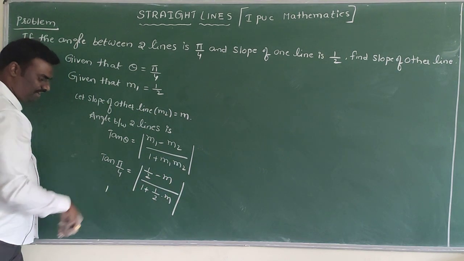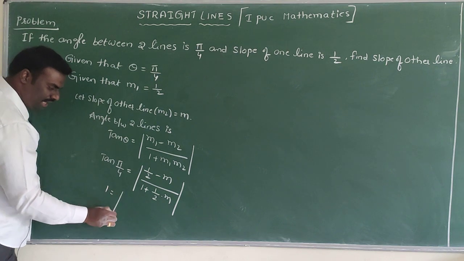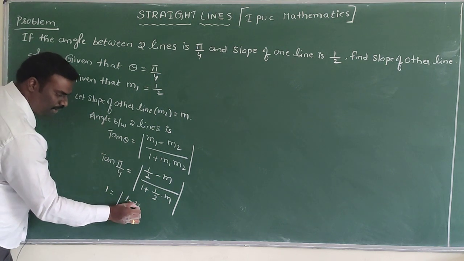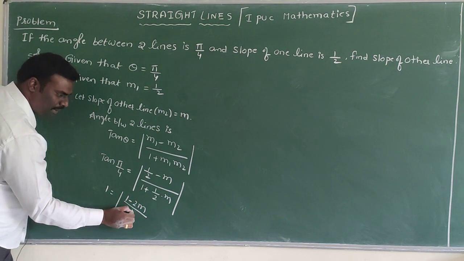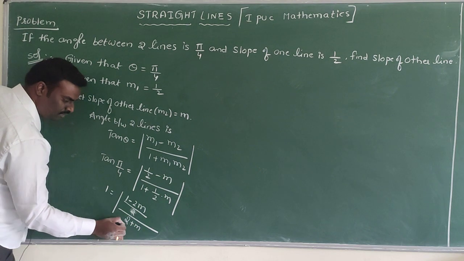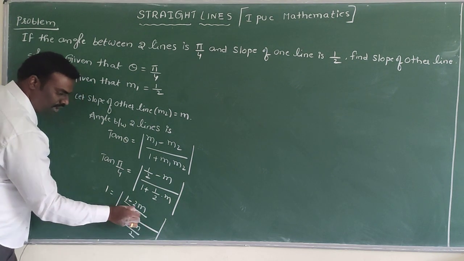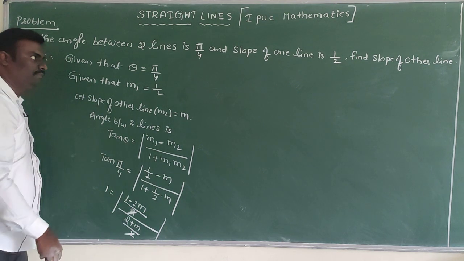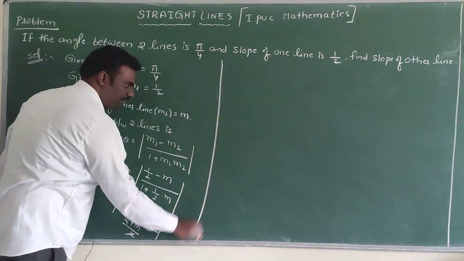But tan 45 is nothing but 1. If you take the LCM, we get 1 minus 2m by 2, divided by 2 plus m by 2. Now the 2 gets cancelled. Finally, what did you get?